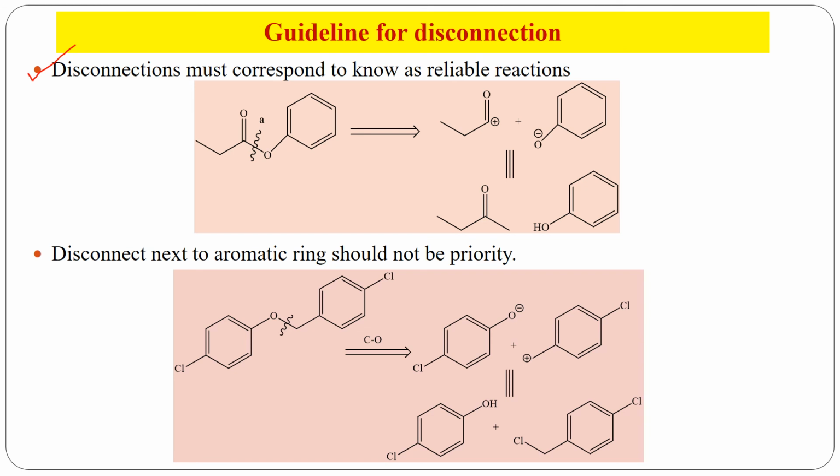That disconnection must correspond to a reliable reaction. Here it is an ester. The ester is disconnected and it gives us a phenolic or OH hydroxyl component and a halide.